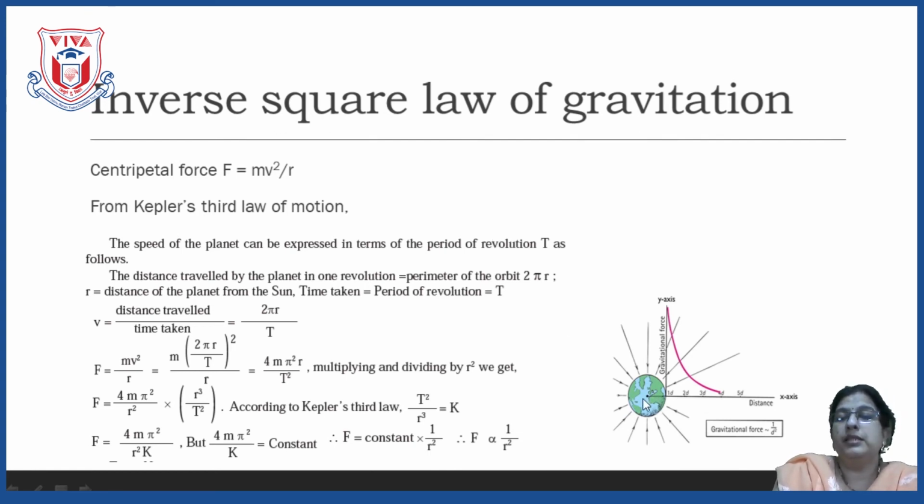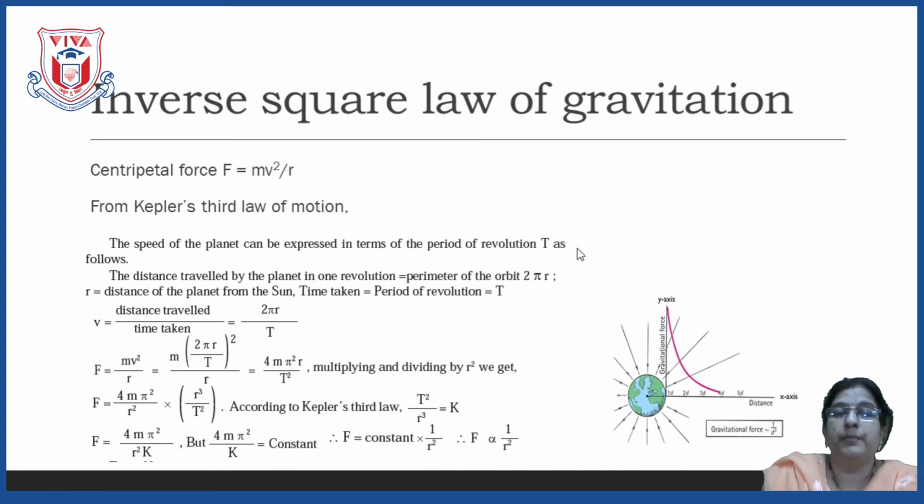Now if I ask you to measure the length of the circle, how do you measure it? The length of the circle is nothing but the perimeter of the circle. Now if I ask you to measure the length of this orbit, it means you have to measure the perimeter. What is the formula for perimeter? The formula for perimeter is 2 pi r.